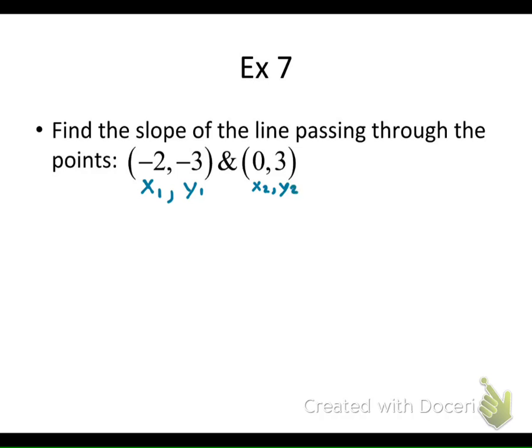But if it helps you remember what number goes with which variable, I very highly recommend doing that because it would be very easy to mix those up. And I know that several of us struggle with remembering, when you're looking at a line, what point goes where when you're writing the ordered pair. So go ahead and write those down there for you. x1, y1, x2, y2. And the reason I'm putting these 1s and 2s beside it is so that I know that these variables are from the first pair and these variables are for the second pair. Okay?